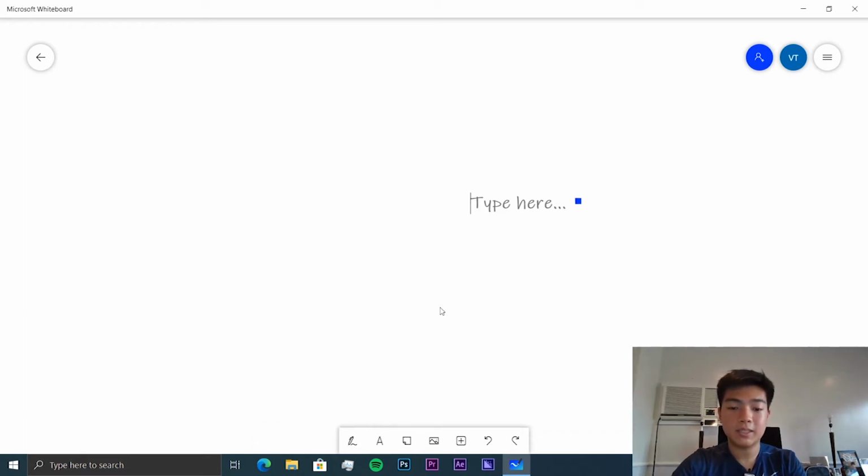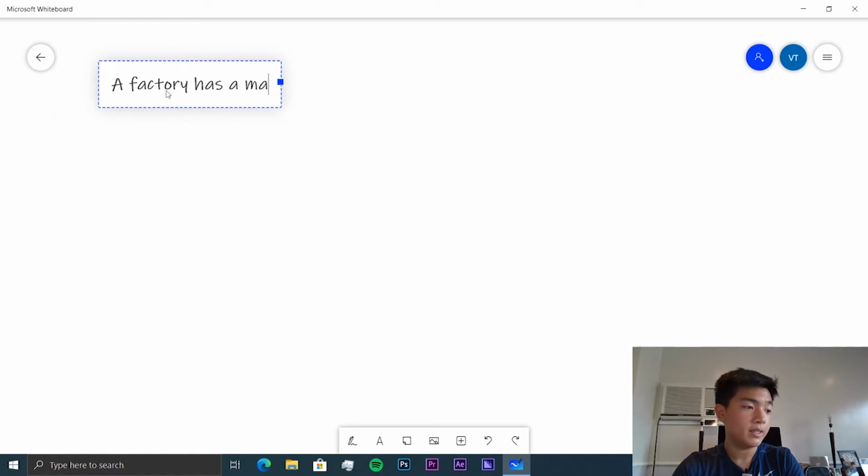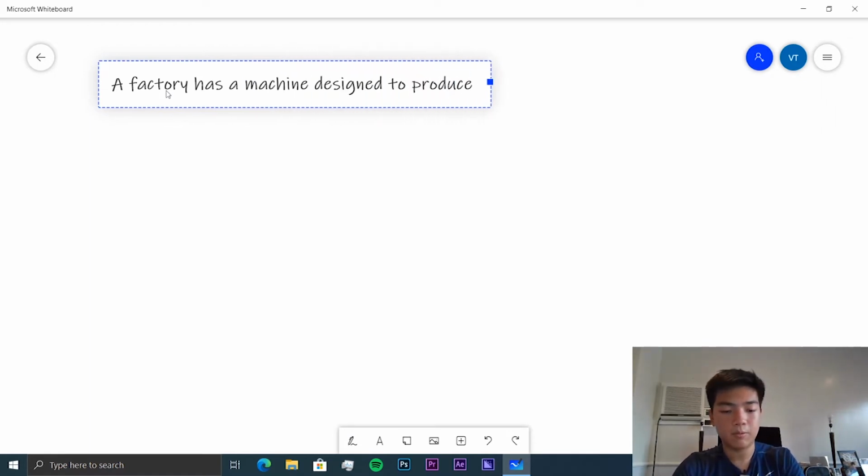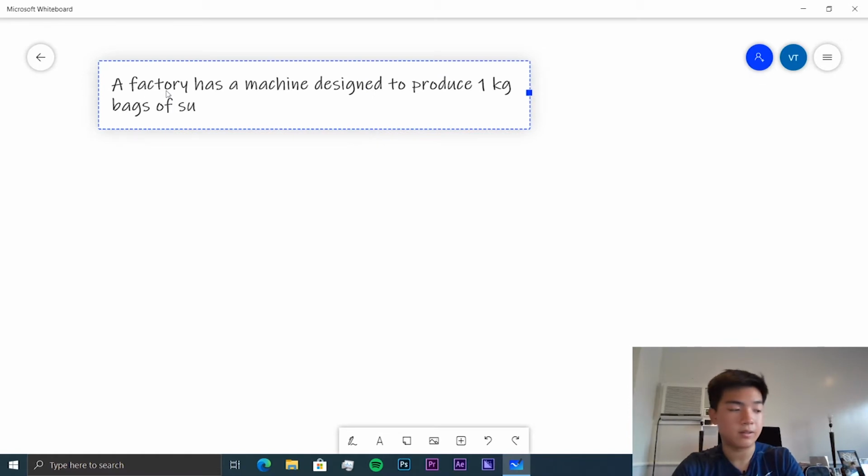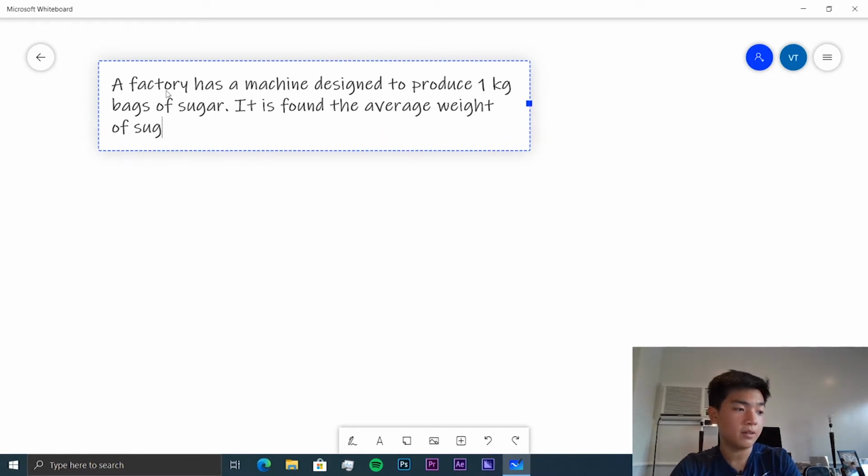And we have the next question: a factory has a machine designed to produce 1 kilogram bags of sugar. It is found the average weight of sugar, should be mass, but okay, is 1.02 kilograms.